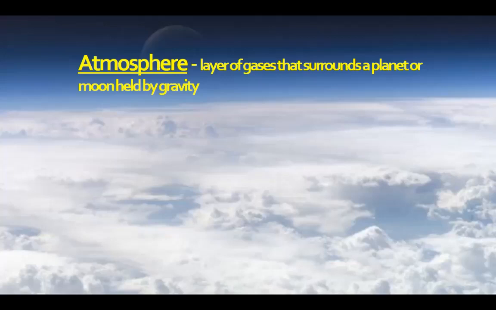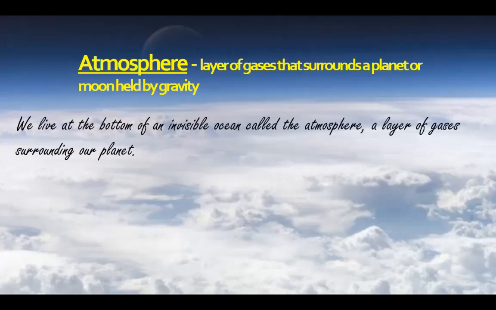And that's not fully true, but yes. It's kind of this ocean of gases that sits above the surface of our land. Now, we live at the bottom of this invisible ocean called the atmosphere, these gases that are surrounding our planet.